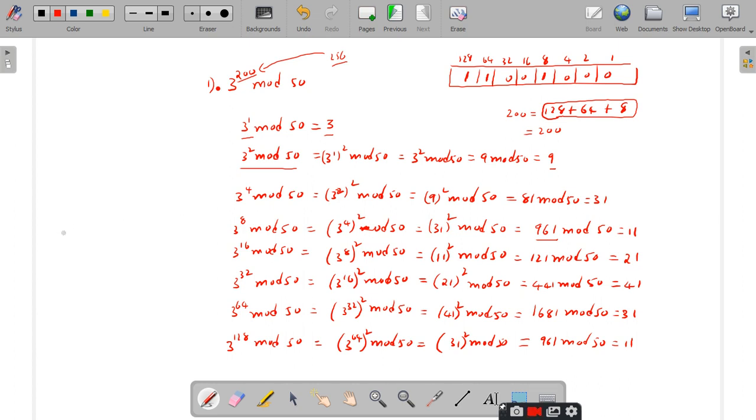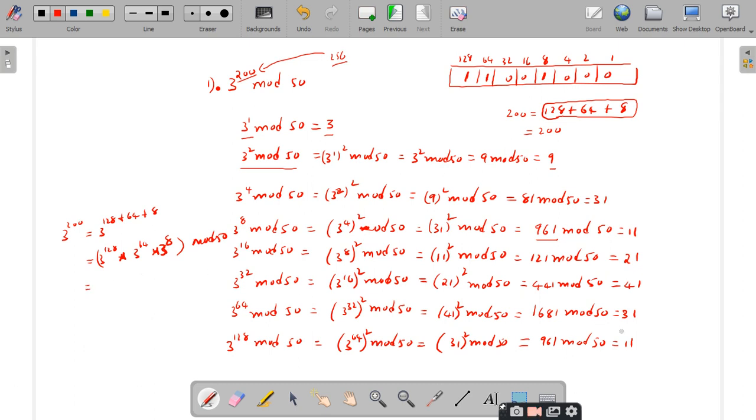Yes, sir. So I can write this 3 power 200 as 3 power 128 plus 64 plus 8. That is 3 power 128 into 3 power 64 into 3 power 8 whole mod 50.